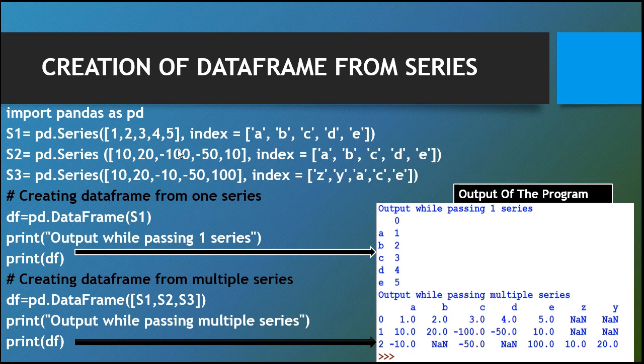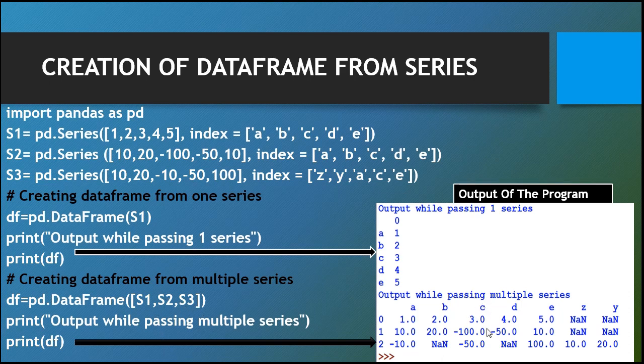Now what happens when we pass multiple series? Now you can see the statement here: df equals pd.DataFrame S1, S2 and S3. As we are passing more than one series, we have to enclose them in square brackets in the form of a list.